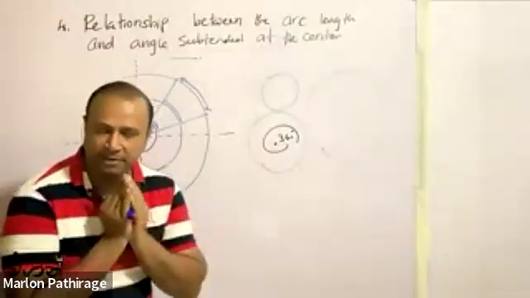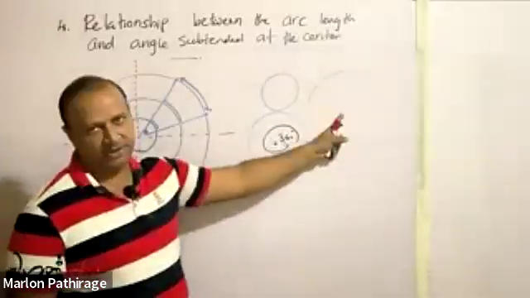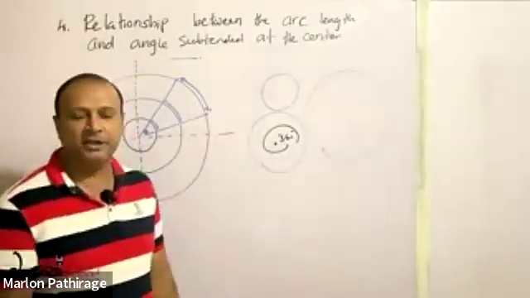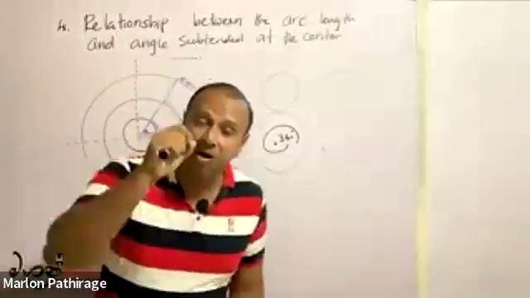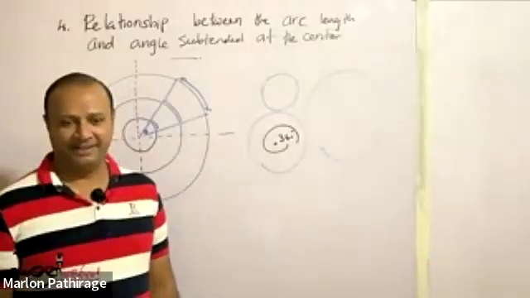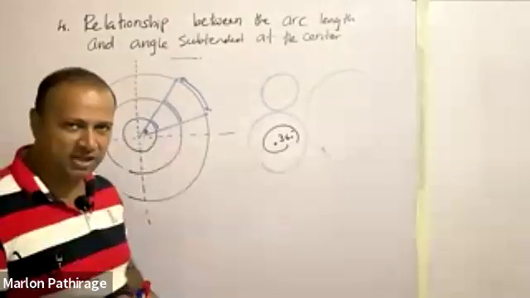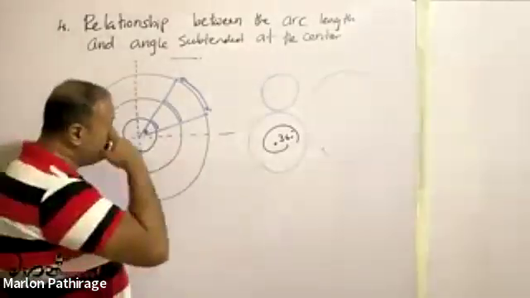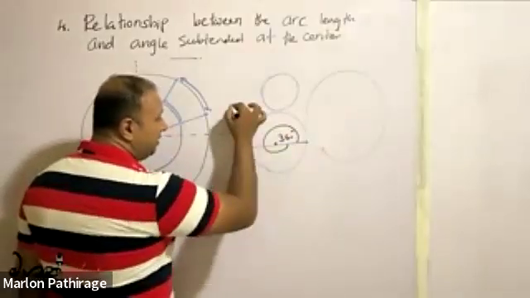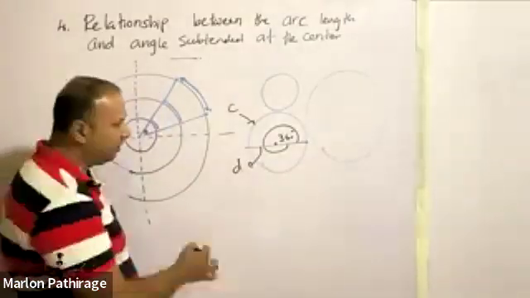Therefore, the subtended angle by a full circle at the center is equal for any circle. That means that is a constant for any circle. So actually, initially we discussed that if we consider any circle, the diameter to circumference ratio is a constant.